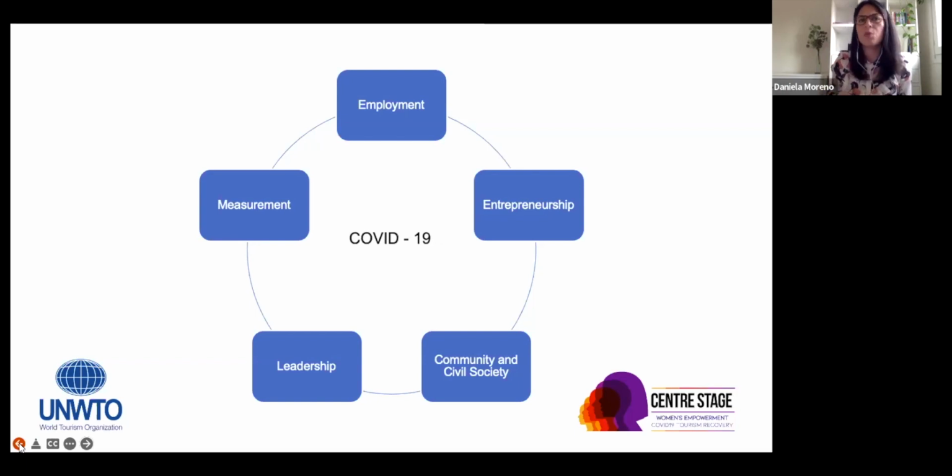And then we have the last pillar, which is measurement. And this is mostly about policymaking in tourism. When we are including gender equality, this is beyond goodwill intentions, beyond how many times you mention women in a particular document. It's beyond that. We want to see mechanisms, we want to see tools, actions, we want to see budget to implement gender actions.